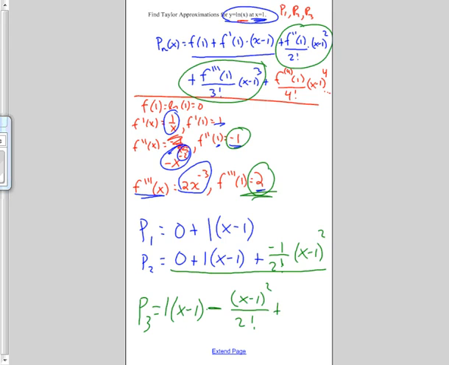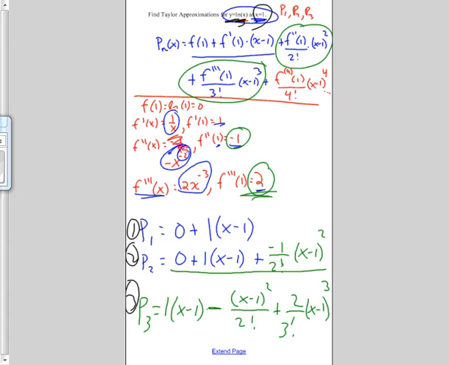So we have plus 2 over 3 factorial x minus 1 cubed. And so there's my polynomial approximation of degree 3. So I've got degree 1, 2, and 3. And they're approximations that are centered around x equals 1 of my function ln x.